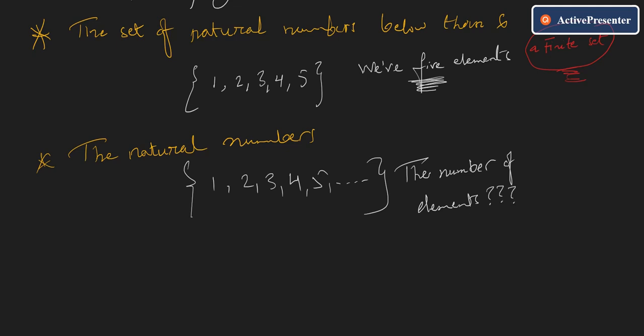It goes to an unspecified number. So we call this set an infinite set. If you know the number of elements, then it is a finite set. If you don't know the number of elements, then it is an infinite set.